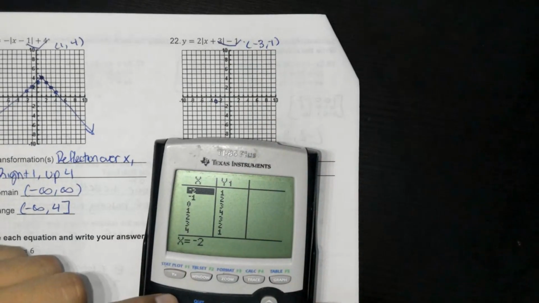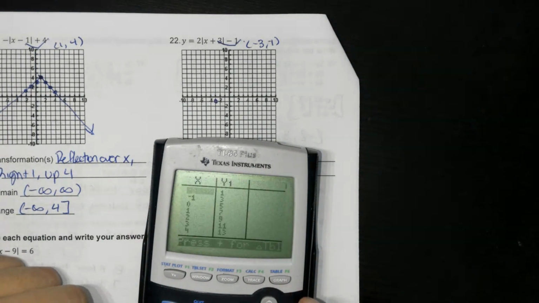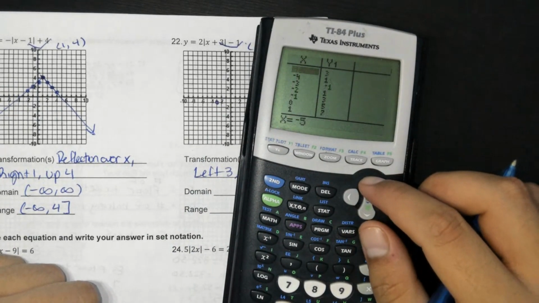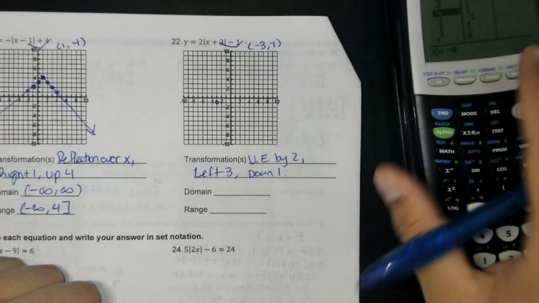Alright, so let's find some points. Locate my vertex, negative 3, negative 1, and then let's get a couple points.